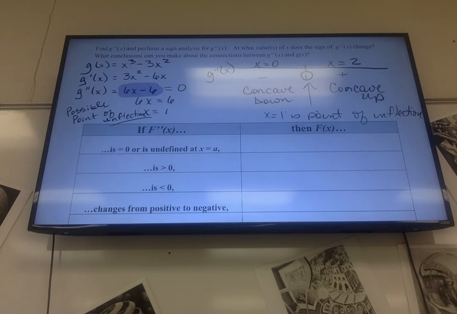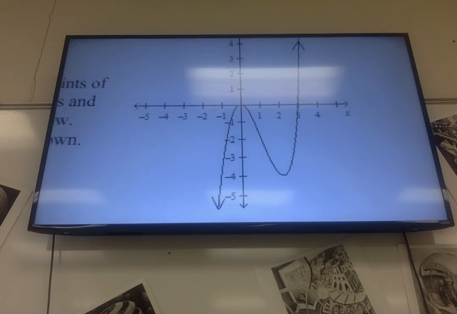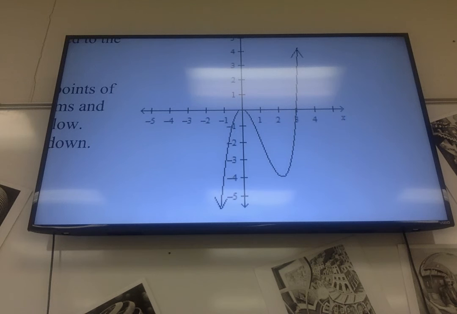Well, we can look at the picture. Where did we say it was? At 1. It's when they look at each other, so it's about right here. On this side, notice it's concave down.